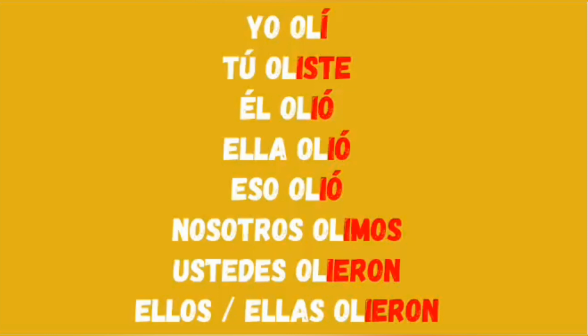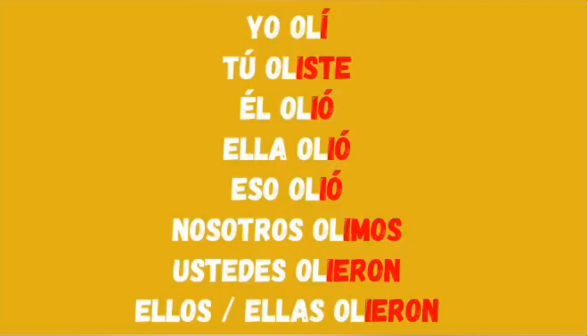Yo olí. Now, to say you smelled, then you have to say tú oliste. Now, to say he smelled, you have to say él olió. Okay? To say she smelled, then you have to say ella olió.